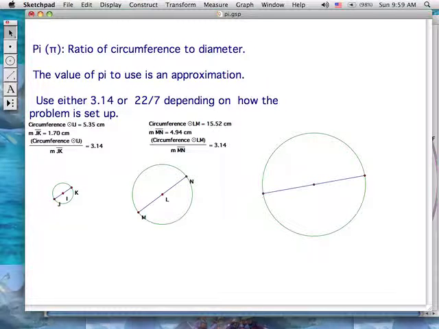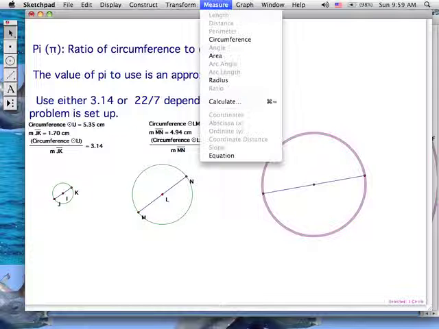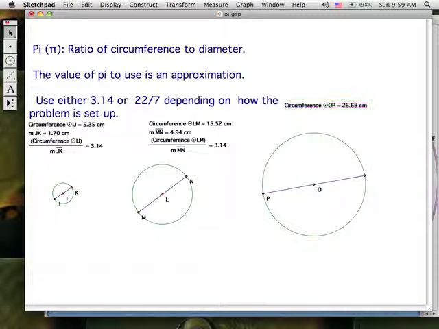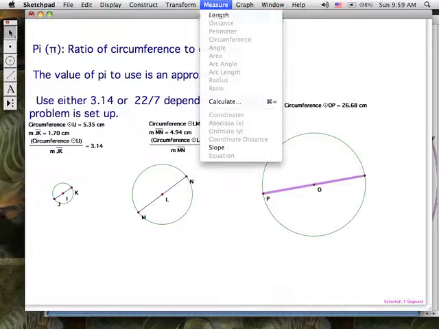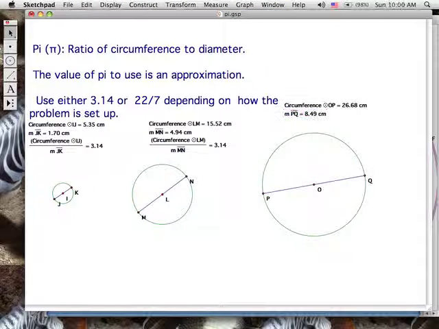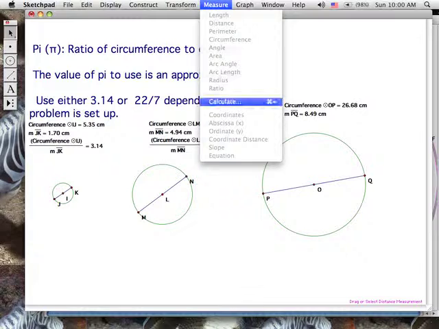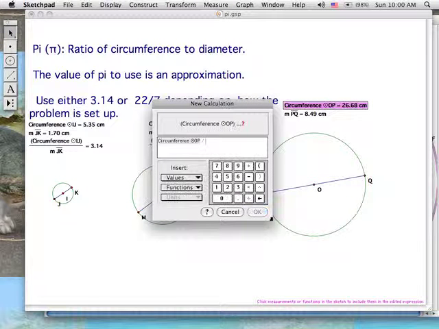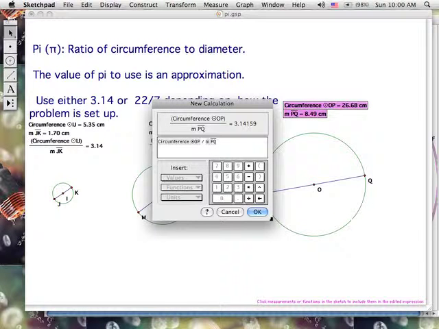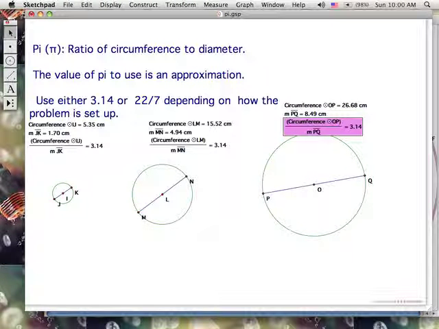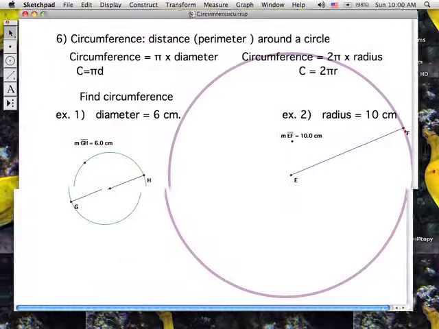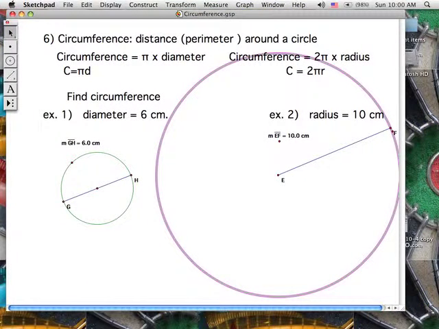And one more time, measure the circumference for this circle, measure its diameter, and then calculate the circumference divided by the diameter, and again we get 3.14. So that's pi.